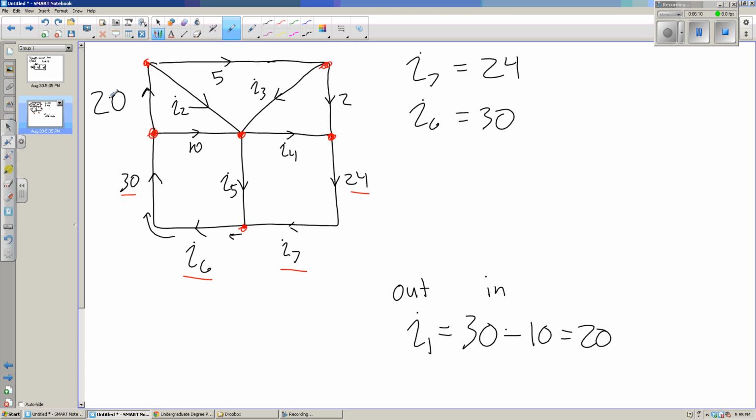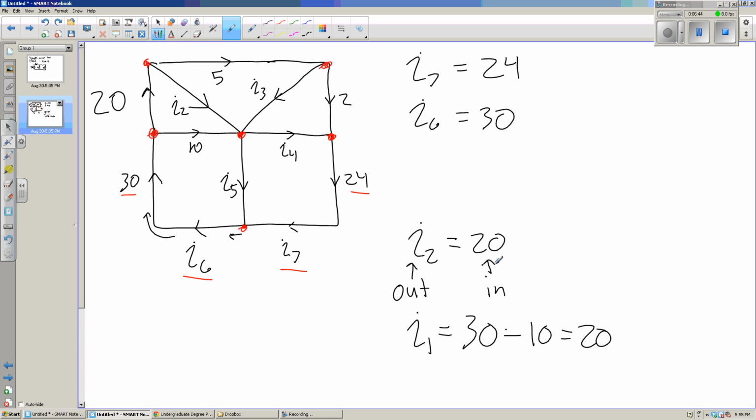All right, where else do we know? How about I2? I2 we have flowing out, so this will be my outside again, and we have 20 flowing in, so I'll put that on my inside. Since I want to solve this quickly without a whole lot of writing, I'm going to say it's negative 5 again.